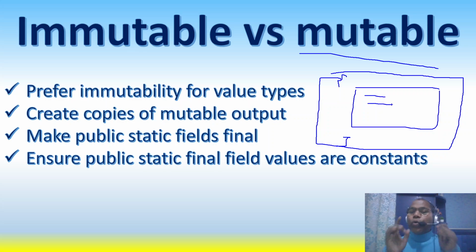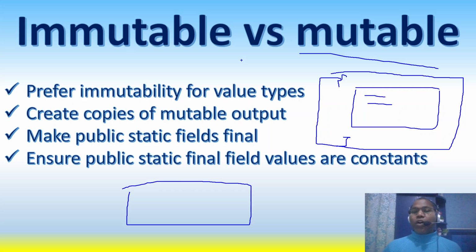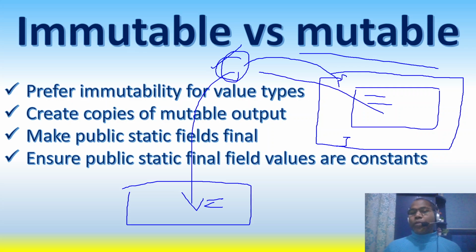Mutability is okay within the defined scope, but shared mutability is a problem. For example, an object shared by this method and this method, and here you are mutating it, and from here you are also mutating. As a developer, we have to avoid this.